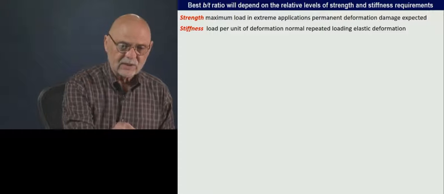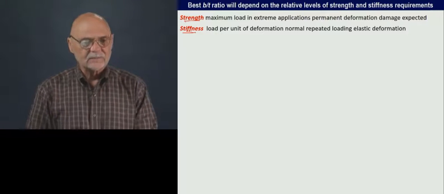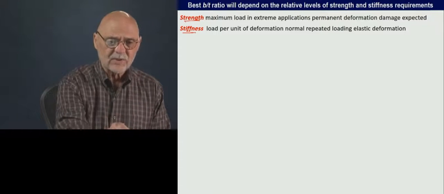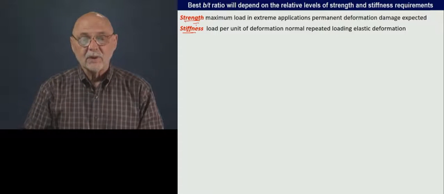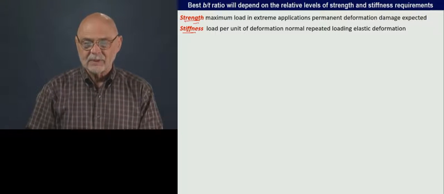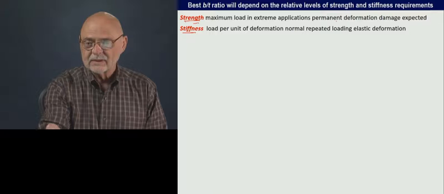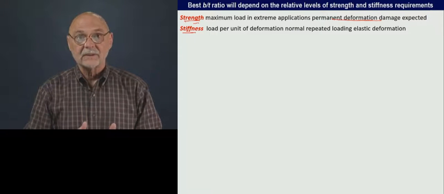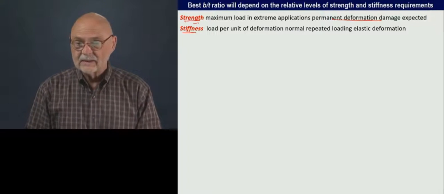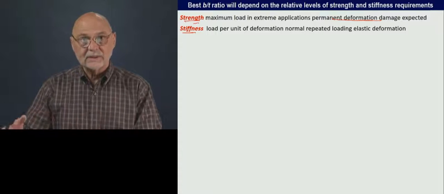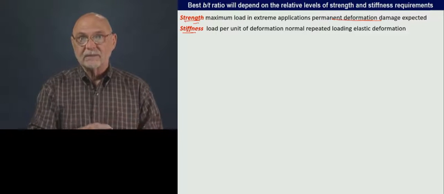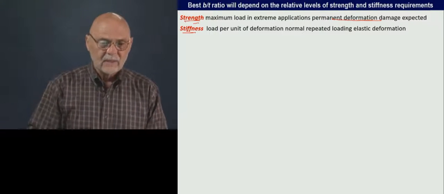So let's look at this a little bit deeper here. What do we mean by strength? Strength is a maximum load, and generally it's extreme applications where some permanent deformation or damage is expected. And so it's either going to be yield, where it's permanently sagged, or this plate buckling phenomena that we want to avoid.